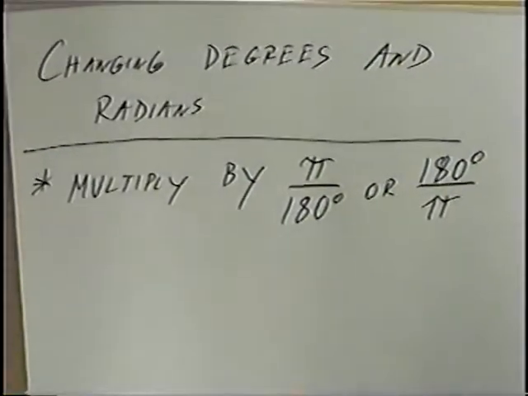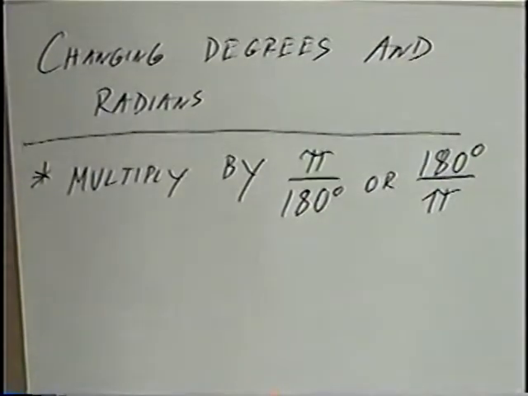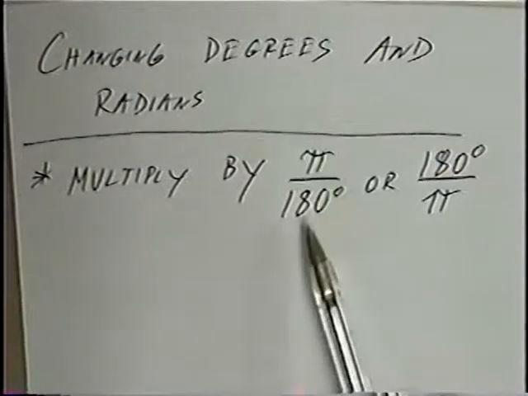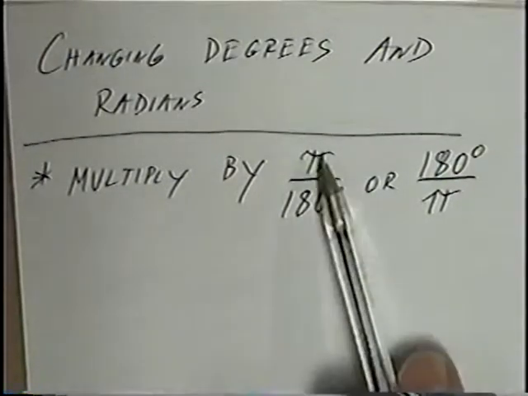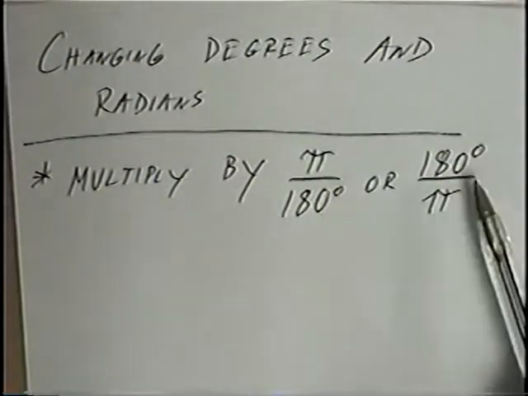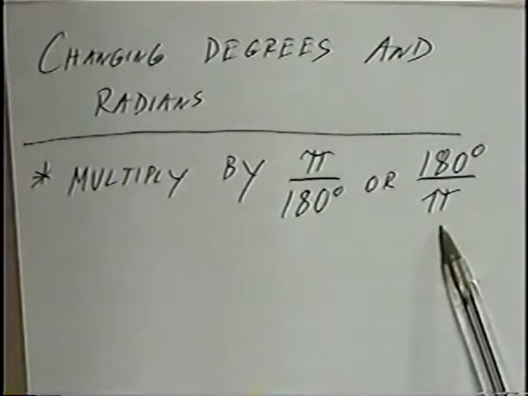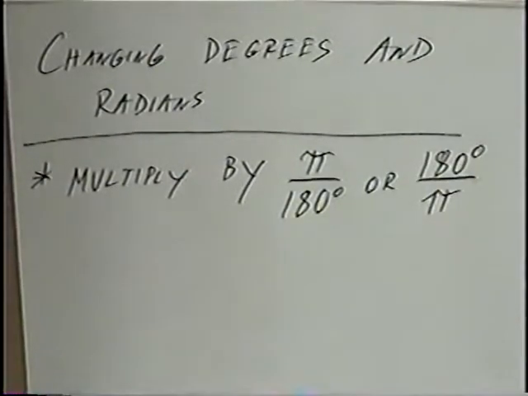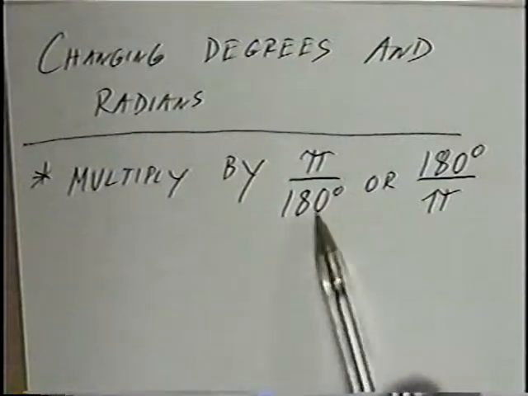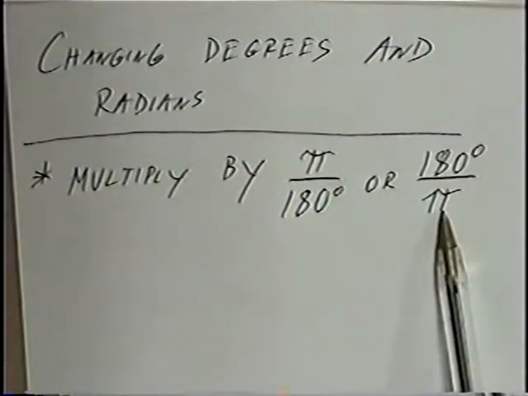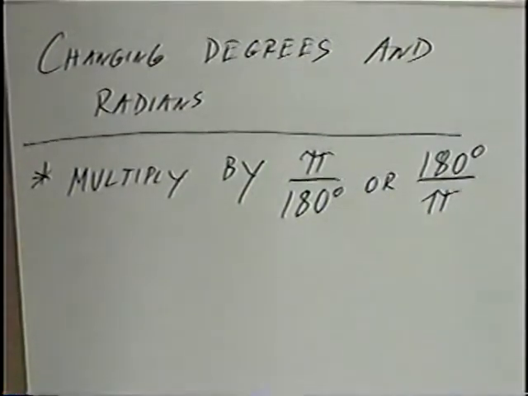If you look at the unit circle, halfway across the unit circle, the pi matches up with 180 degrees, so these two units are equal, and also 180 degrees over pi, both units are equal. So by multiplying by pi over 180, or 180 over pi, we're basically multiplying by 1.